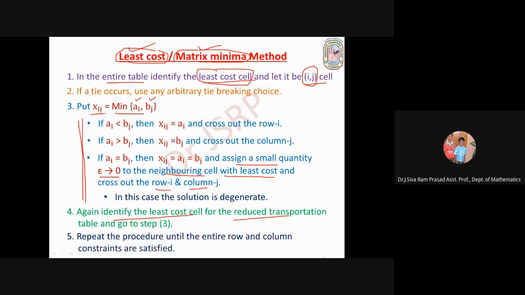So this is another method to find the initial basic feasible solution to a transportation problem. If the method is not mentioned, it is better to use Vogel's approximation method, since it gives a solution which is close to the optimal solution.